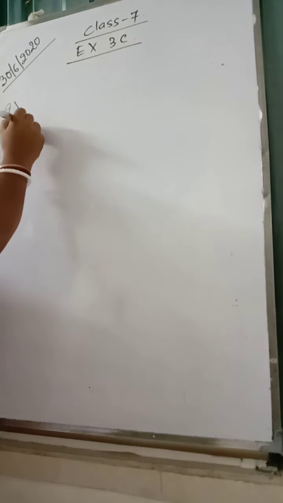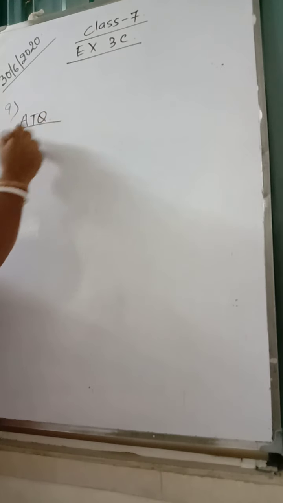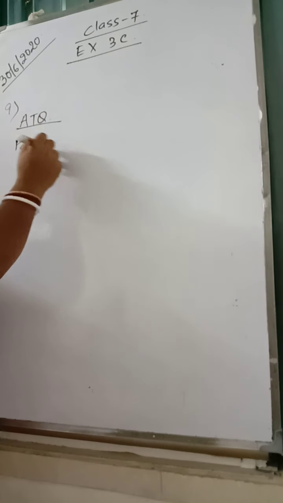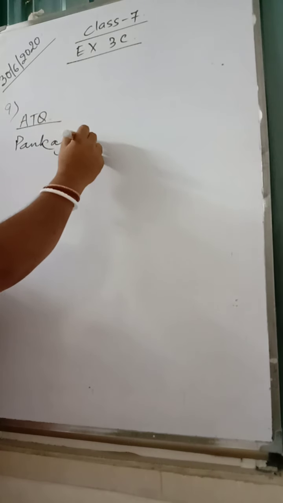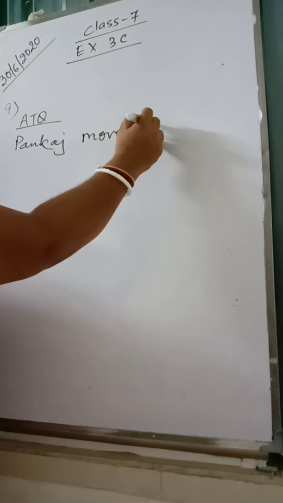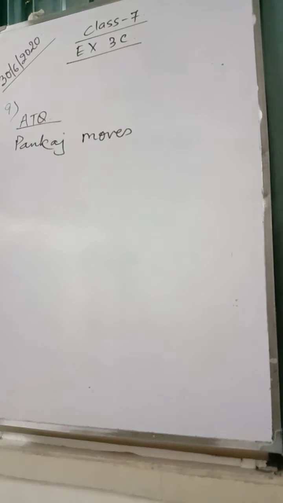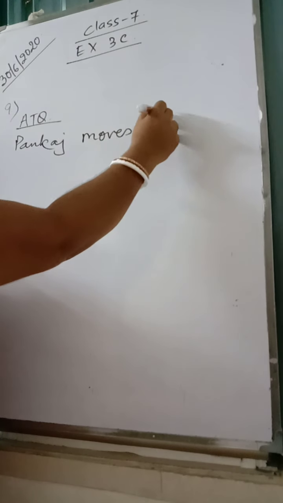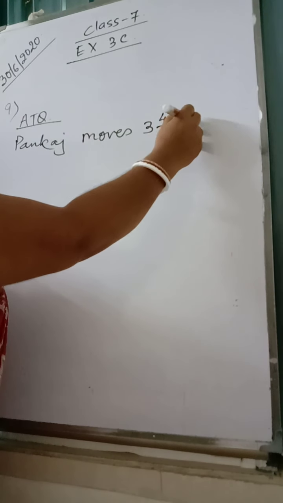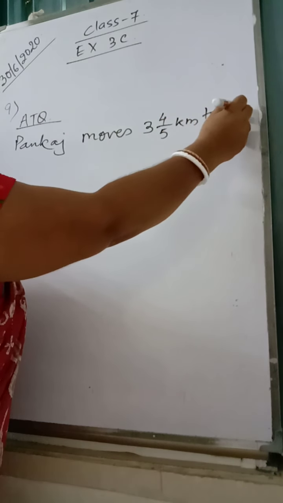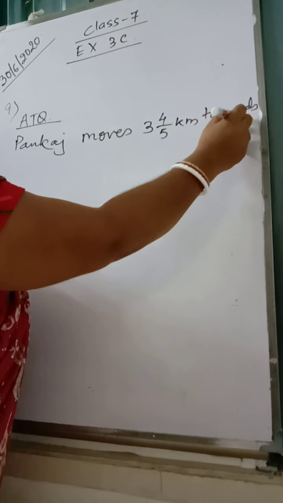Narrate according to the question. Pankaj moves 3 4/5 kilometers towards east.